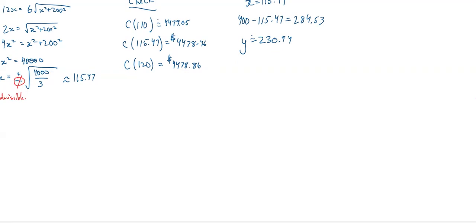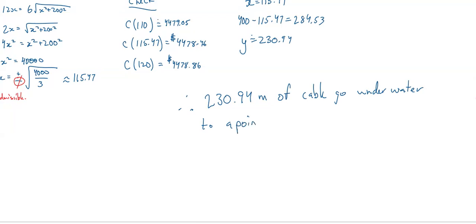So I'm going to say, therefore, 230.94 meters of cable go underwater to a point that is 284.53 meters from the factory.